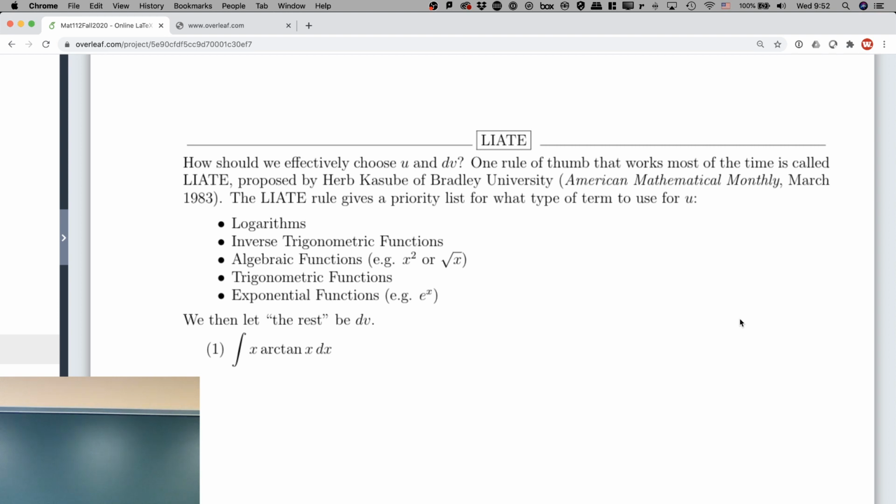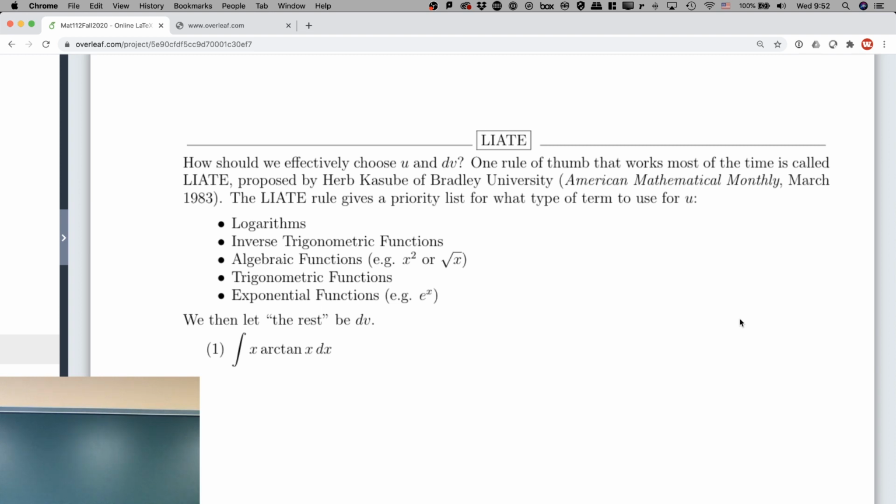But it's an easy mnemonic to remember. LIATE. It's kind of like, we're almost to pumpkin spice latte season, so we just need your pumpkin spice LIATE. Yeah.